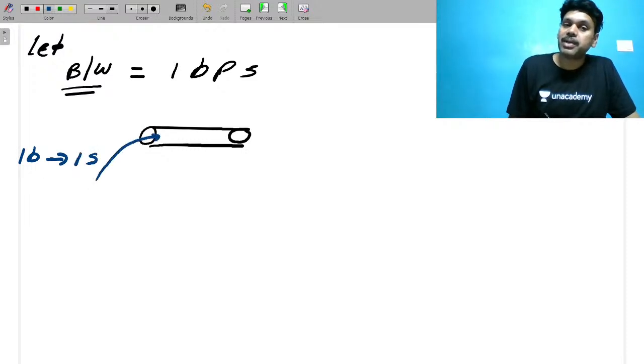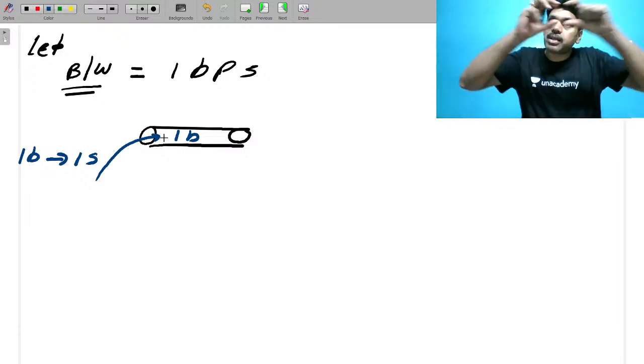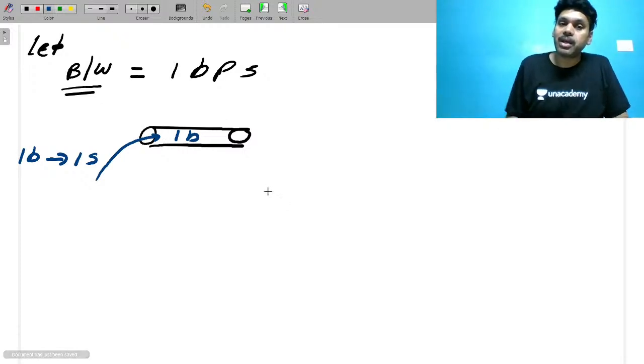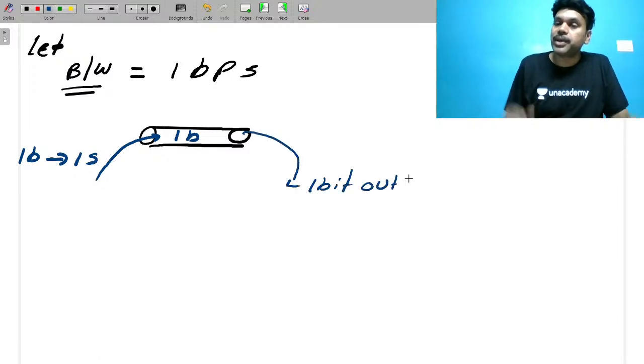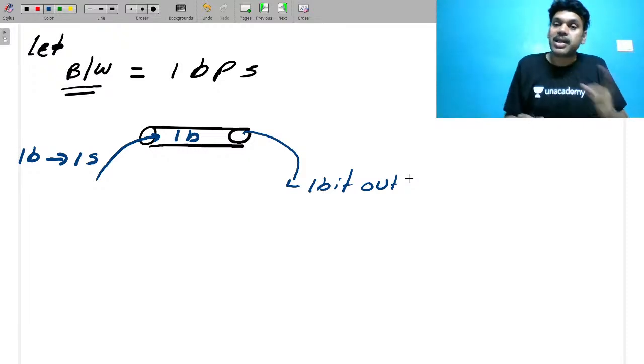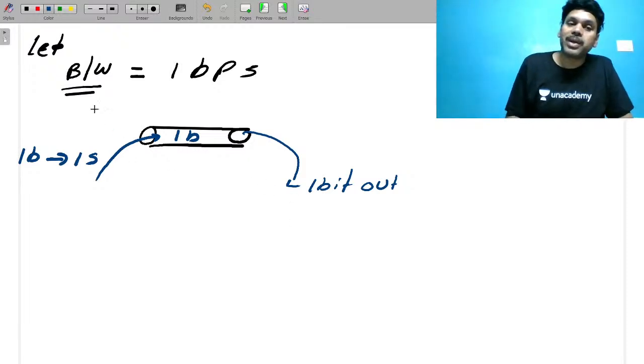So if you look at the cable, you are going to find only 1 bit per 1 second. Soon after 1 bit comes out, if you look at your cable, there is no data because it is already out. And the sender will send again one more bit.